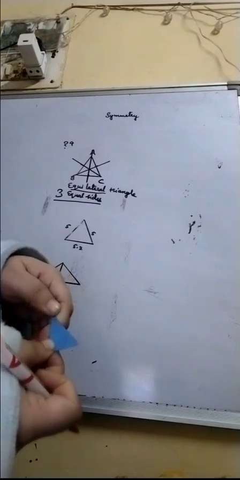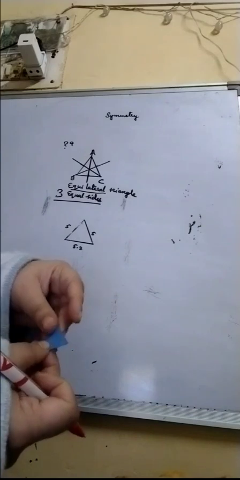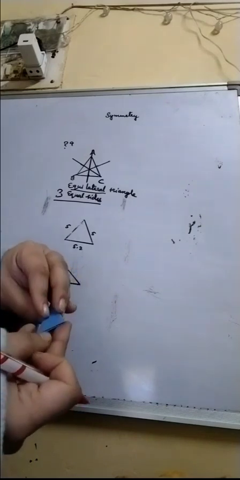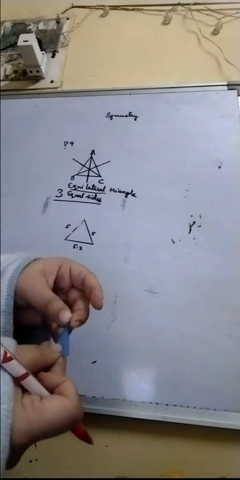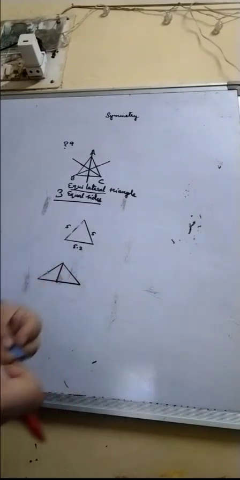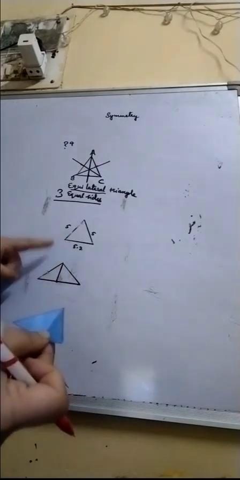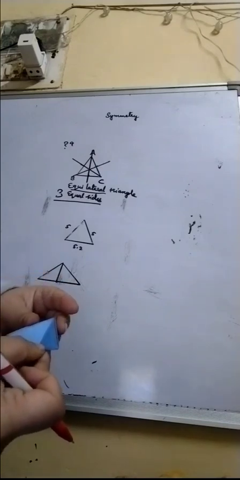So in this way we would get the first line of symmetry, which is not vertical. It would be slanting in a manner.